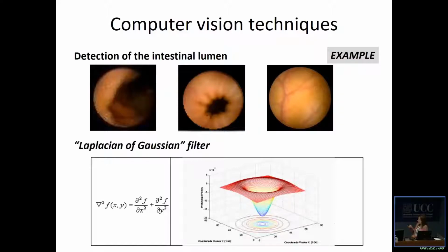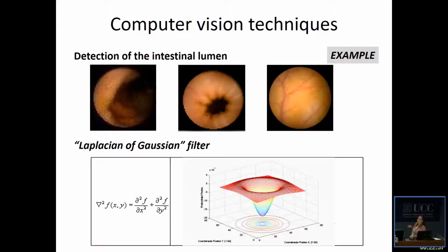Applied to our capsule, well, the engineers that helped us, they used a huge number of tools. This is one of them, the Laplacian Gaussian filter. This is to detect what they call blobs in image, which are black parts of the image. The tunnel pattern had a large lumen.